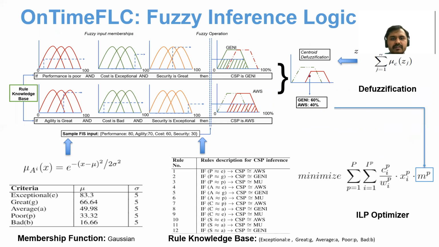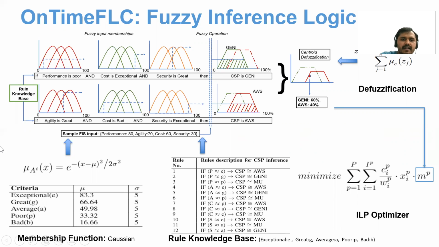For the fuzzy inference model, we have used a Gaussian membership function, where we have divided users' answers into five distinct categories. That is exceptional, great, average, poor, and bad. And they all follow a Gaussian model. We apply this Gaussian model for each of these metrics of PACS at two distinct levels. At the first level, we get how the user is rating different clouds in terms of these PACS factors.